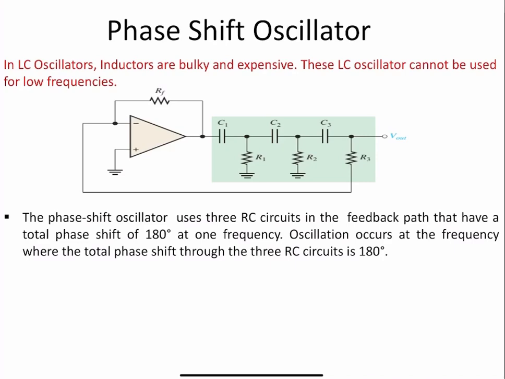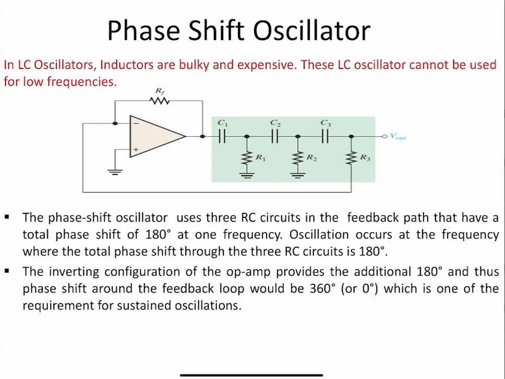If these three RC sections are identical, then each section will provide a phase shift of 60 degrees to get the total 180 degree phase shift. It means around the loop the total phase shift would be 360 degrees. This is one of the requirements for sustained oscillation.